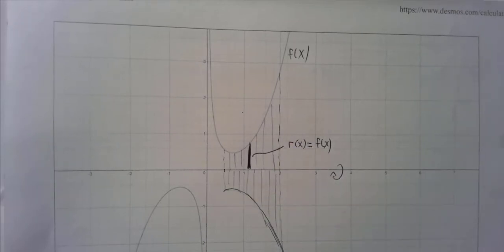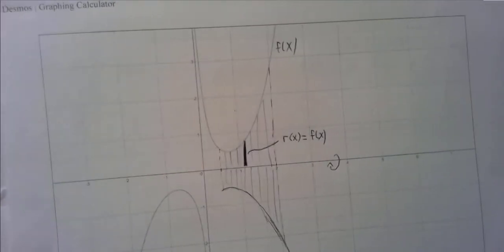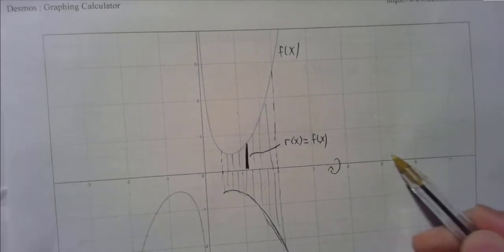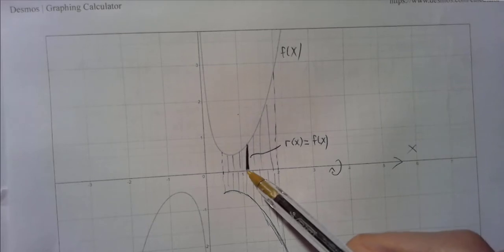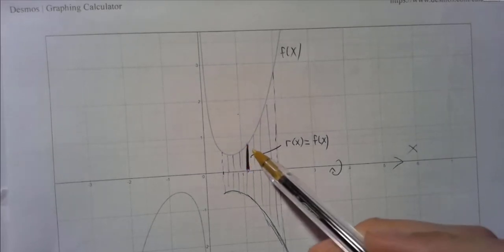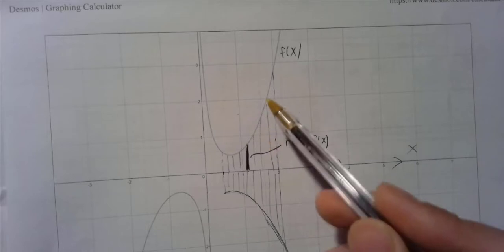Okay, so the function r of x that you see in the formula is the radius from the axis of revolution up to the curve, and this is the axis of revolution, the x-axis. So we take the distance from the x-axis up to the curve, which is the radius. And you see that the radius is changing. It's small here, and it gets larger and larger as we move to the right.